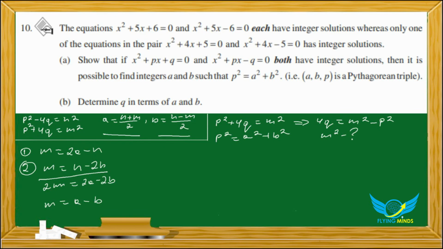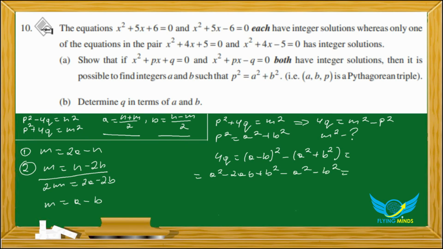Okay, so now we're going to substitute. For 4q equals a minus b squared minus a squared plus b squared, we're expanding: a squared minus 2ab plus b squared minus a squared minus b squared.